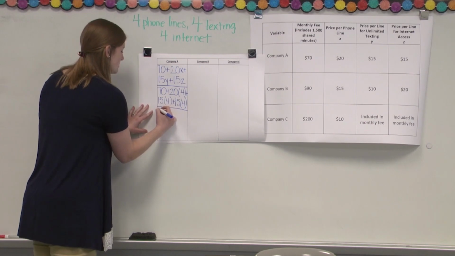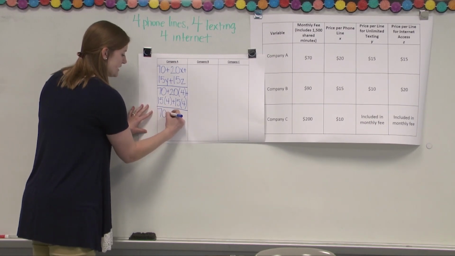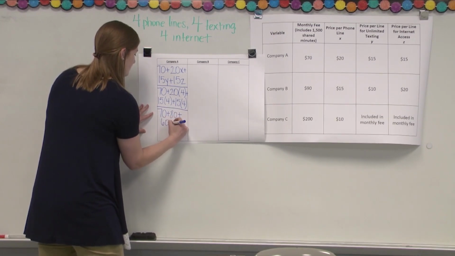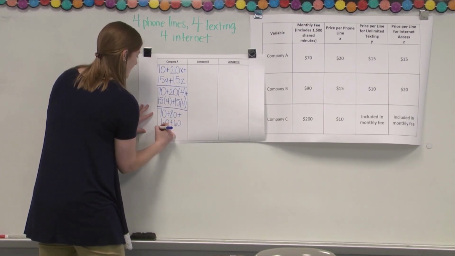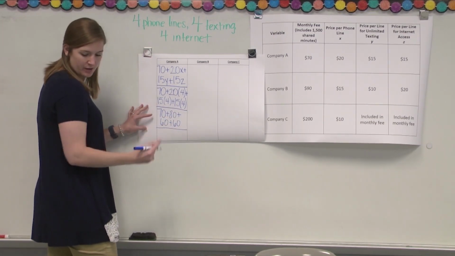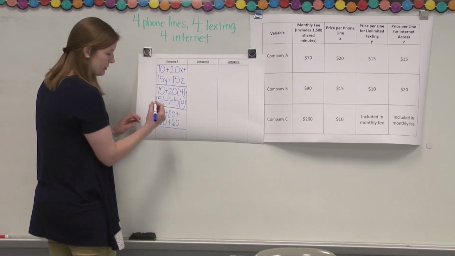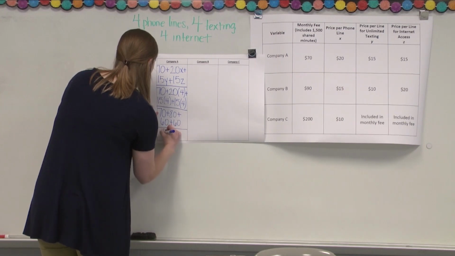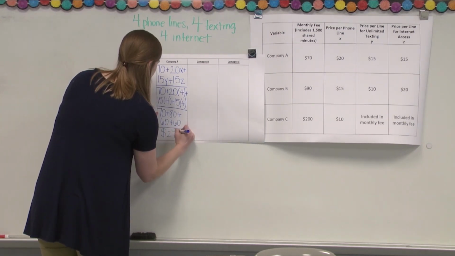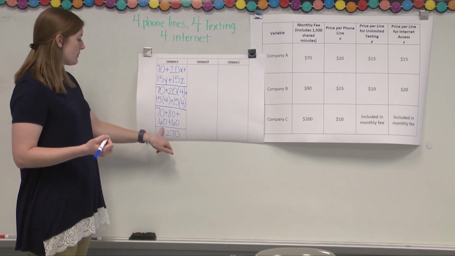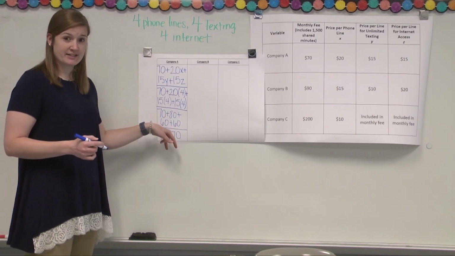Okay, so doing the math here, we come up with 70 plus 80 plus 60 plus 60. And when we add those together, we do come up with $270. So for 4 lines, 4 texting, 4 internet, company A is going to charge us $270.